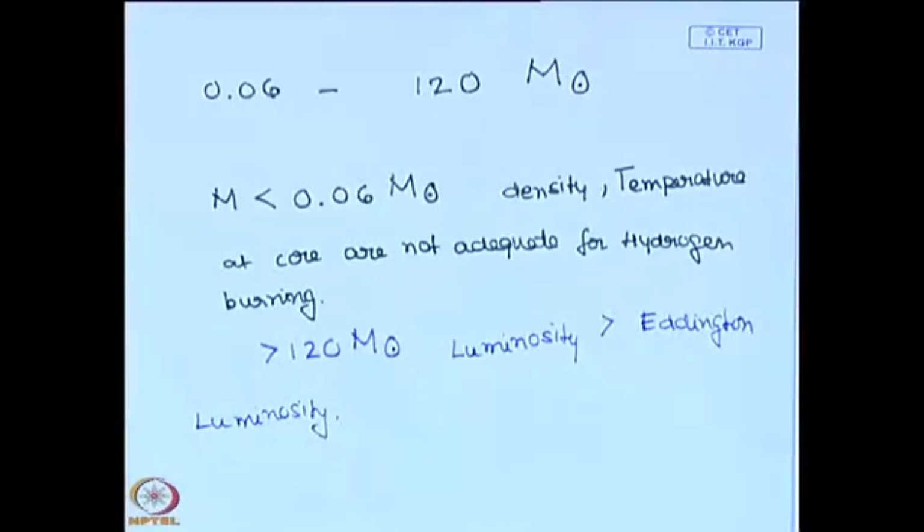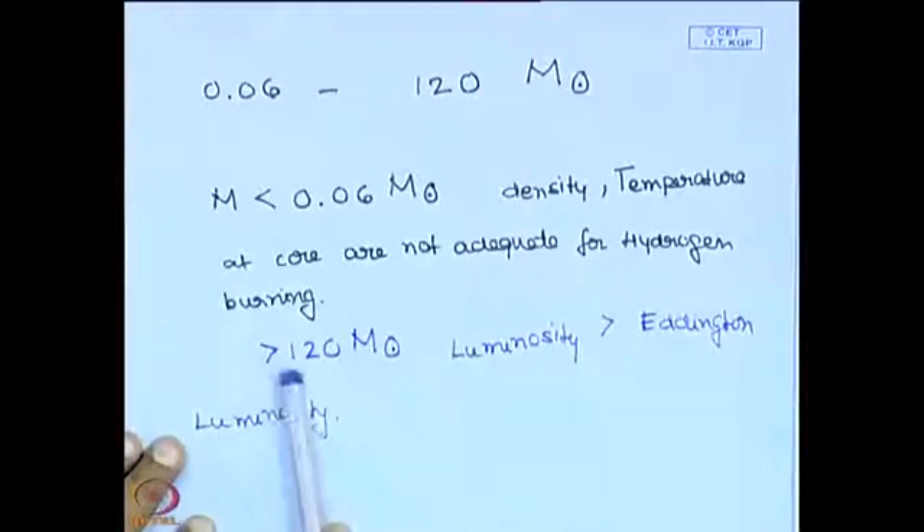And let me remind you, we have discussed the Eddington luminosity in a problem earlier, and if the luminosity exceeds the Eddington luminosity, the radiation pressure is adequate to blow out the outer layer of the star. The gravitational attraction is not sufficient to balance the radiation pressure.